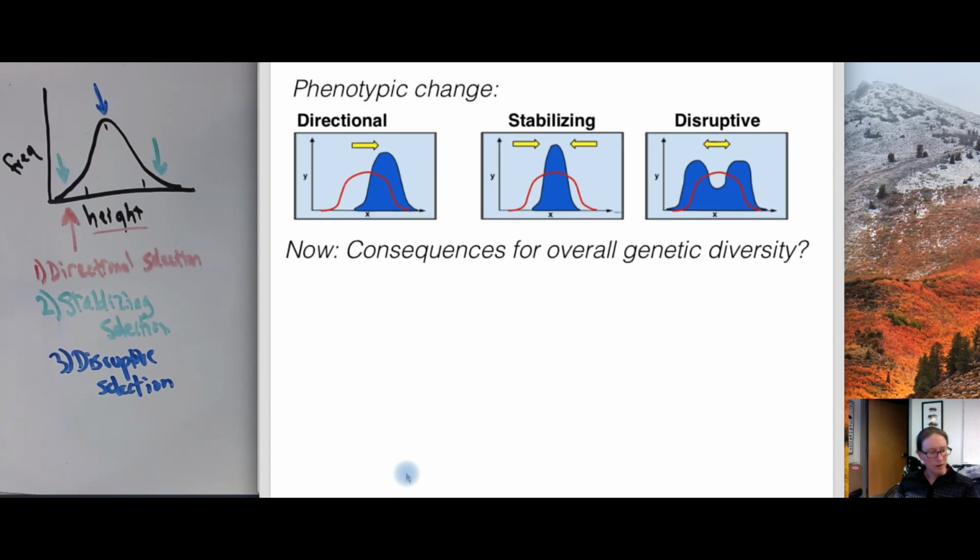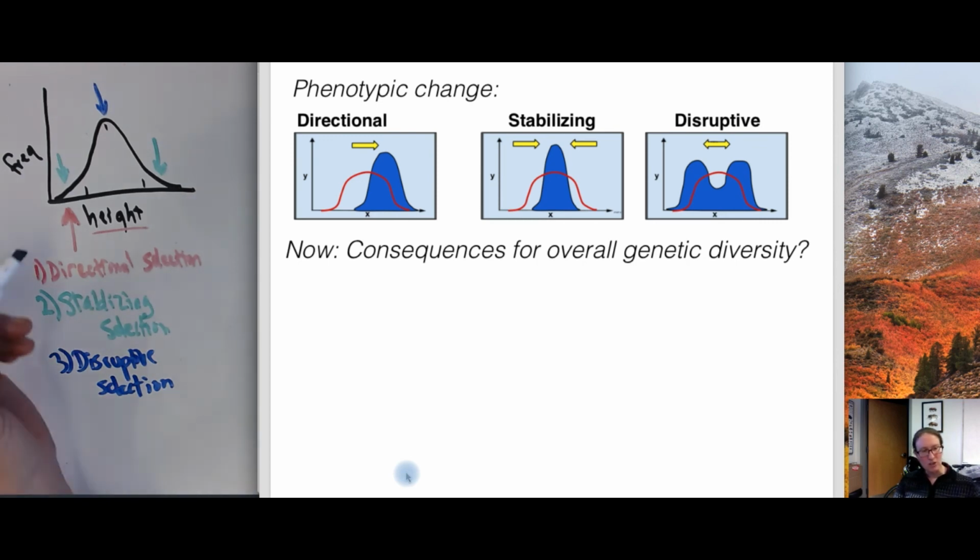Okay, so I've shown you that there are three possible ways that the phenotypic distribution can change in response to these different types of selection: directional, stabilizing, or disruptive selection. Now I just want to take a moment to talk about the overall consequences for genetic diversity in each of these cases.